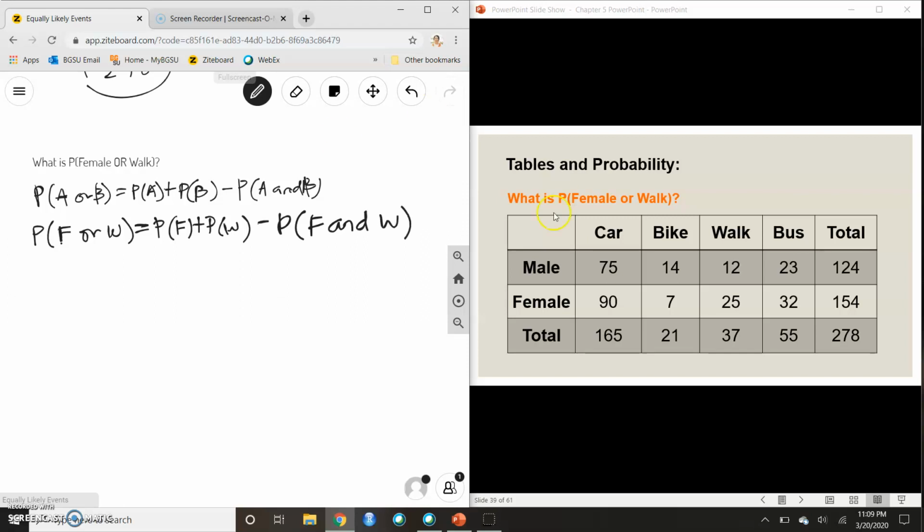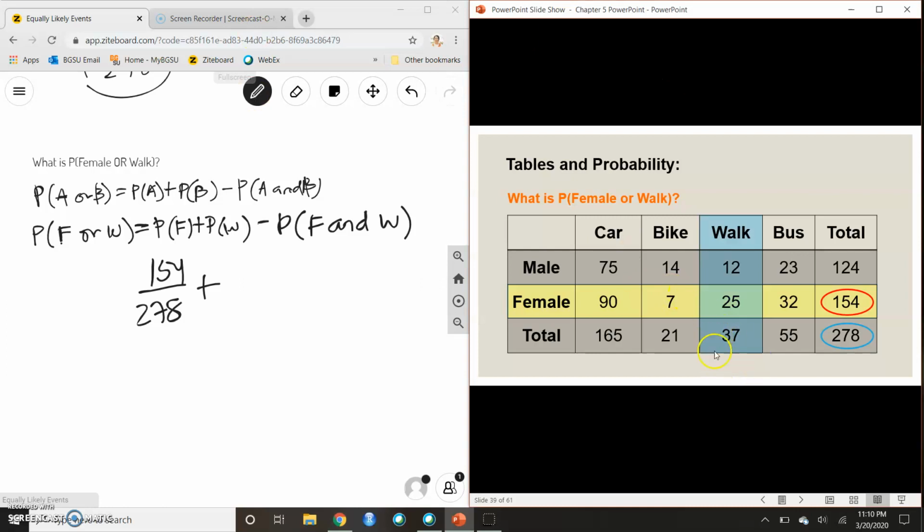So now that we have written it in this form, can we find probability of female? Can we find the probability of walking? And can we find the intersection just based off of the table? Yes, we can. So let's go ahead and do that. Probability of being female, we know is 154 out of 278, plus probability of walking.